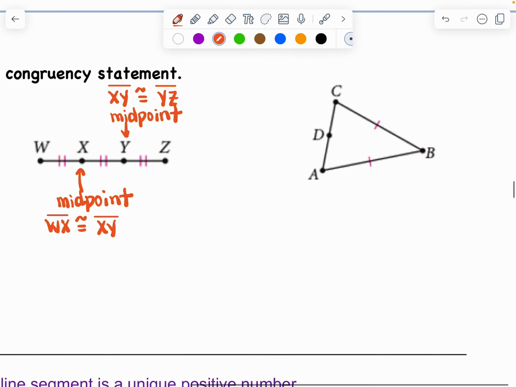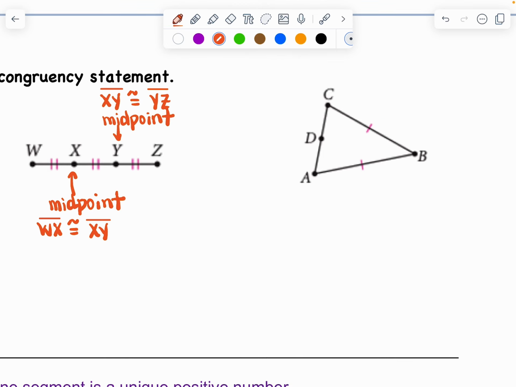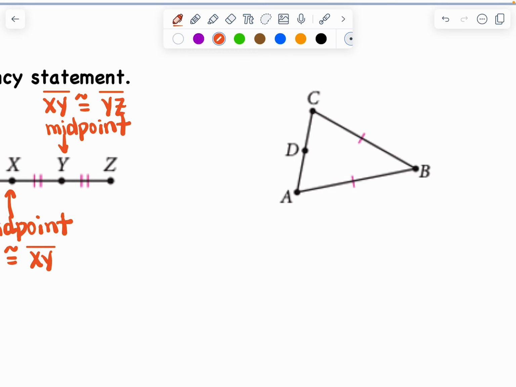Okay. And then if we look at this picture, right, you can think about it for a second if you need to. Pause the video if you want. So this one's kind of tricky, right? I'm going to kind of focus on this part first, right? A lot of people want to say that D is a midpoint because it totally looks like it's in the middle of AC. However, there are no clues that would inform me of that.